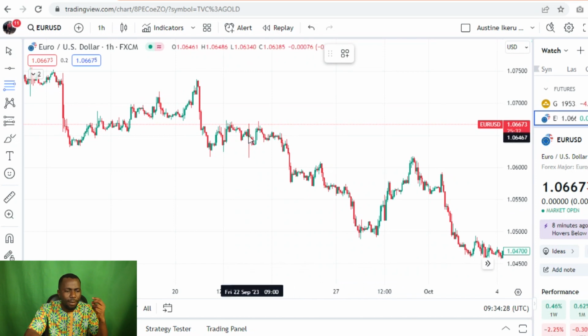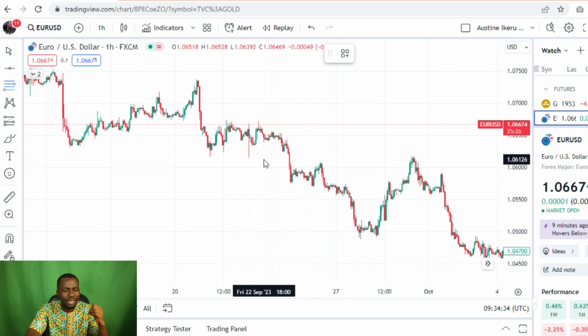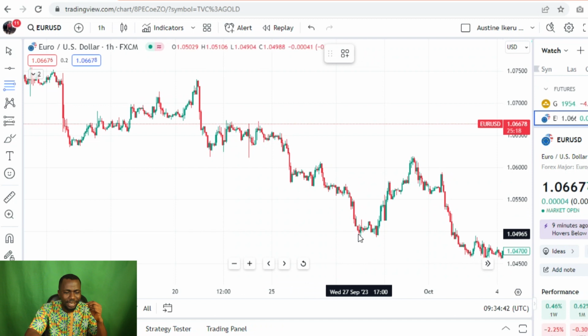And for the fact that the market is in a downtrend doesn't mean you should just place a sell trade, right? Because you know that this is clearly a weak downtrend and the pullback is deep. The pullback is too high, right? Because if you place a sell trade here, definitely you will get stopped out, right?